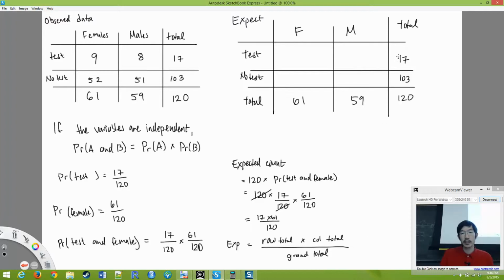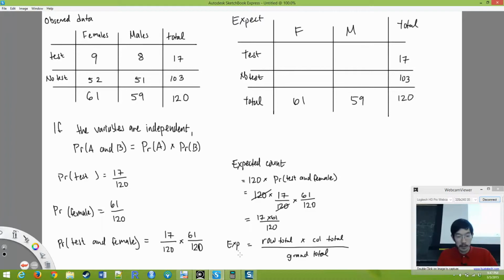Essentially, you're saying 17 out of 120 times 61 out of 120 times a total of 120 people. So we're expecting this probability to end up in this cell, and if I multiply that probability by the grand total number of people observed, this would be how many people we expect there.